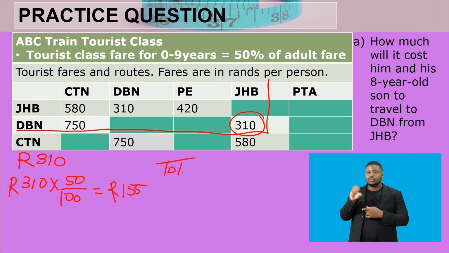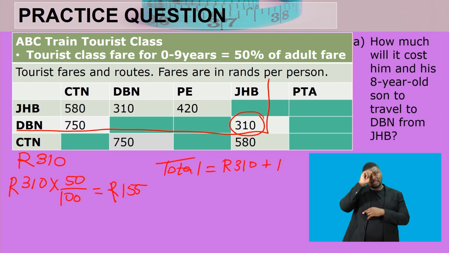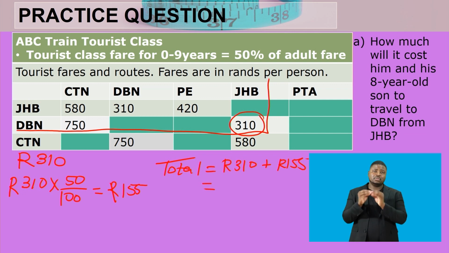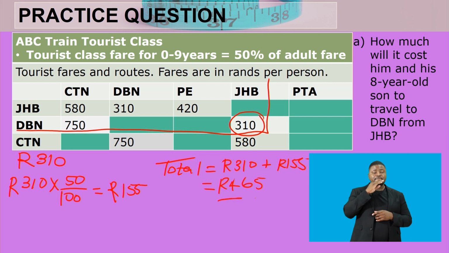The total will be 310, which is Mr. Moy's cost, plus his son's, which is 155. When we add the two, 155 plus 310, what do you get? I'm getting 465 rand. So it will cost Mr. Moy 465 rand to travel to Durban from Johannesburg.